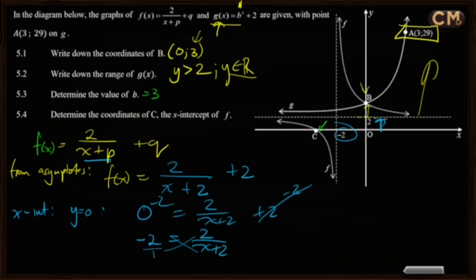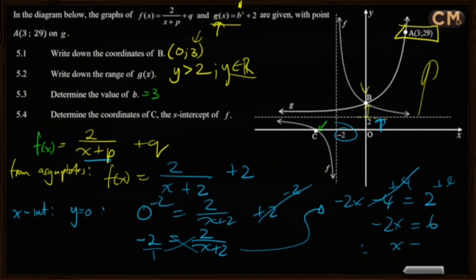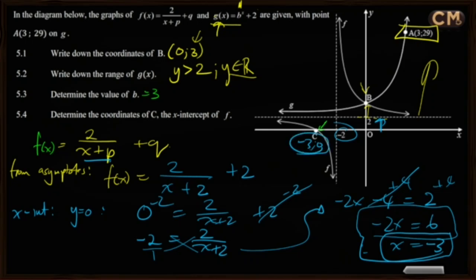We can cross multiply if we put the negative 2 over 1, and doing it in that form gives us minus 2x minus 4 being equal to 2. Add 4 to both sides, and negative 2x becomes equal to 6. Therefore x is equal to negative 3. Minus 3 and 0, right over there.